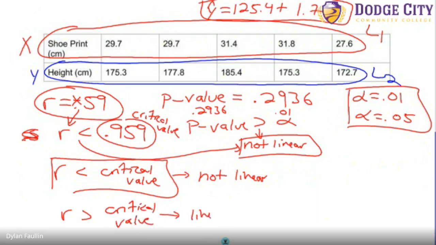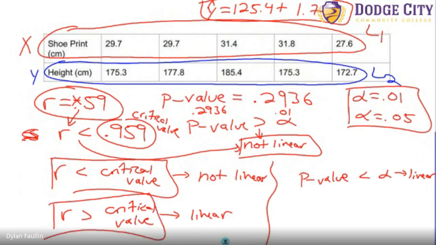it is linear. For p-value, if the p-value is less than alpha, it's linear. I know, this is kind of backwards, right? Because here, when it's less than, it's not linear. But here, when it's less than, it is linear. So it's a different situation. It's a different criteria that we're looking at.